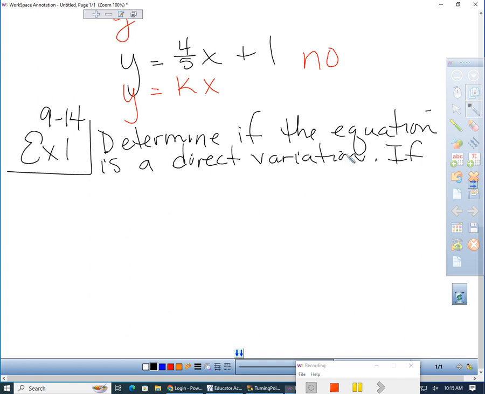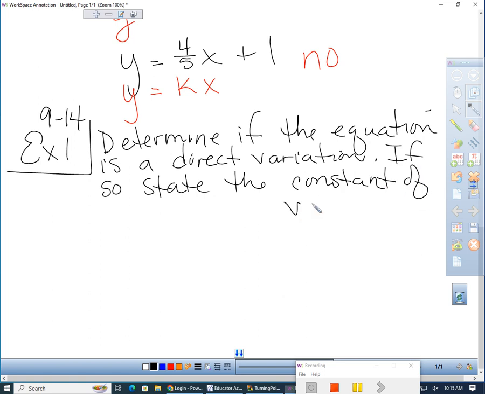If so, state the constant of variation. And the constant of variation is just k. All right?